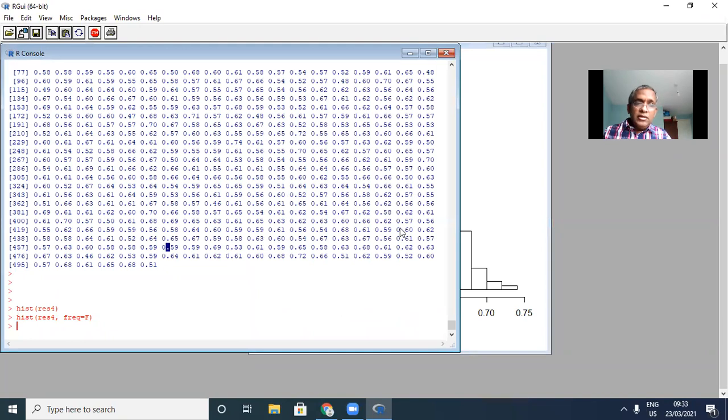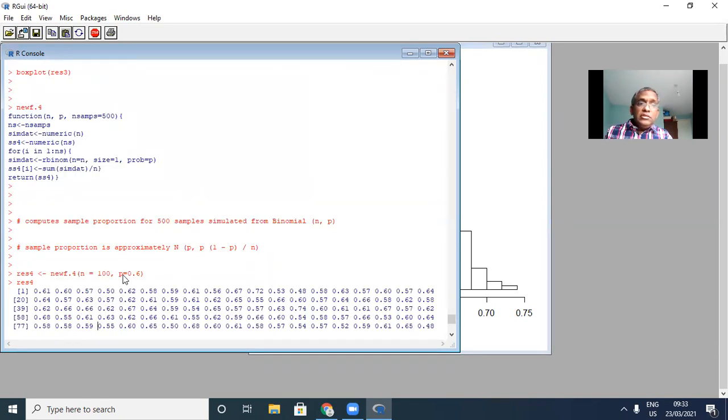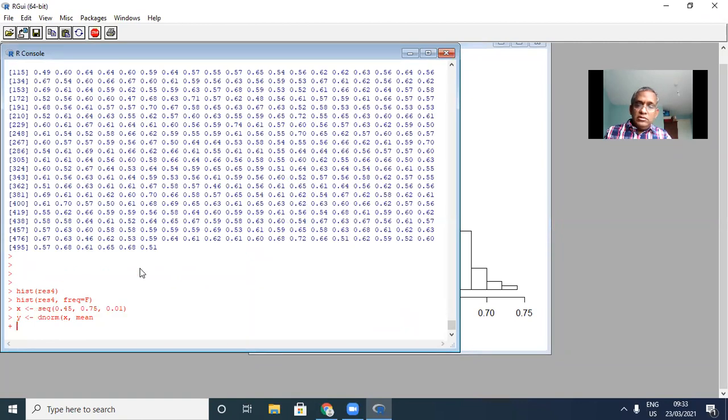Now let's define the x-axis to go from 0.45 to 0.75 in steps of, say, 0.01, and the y-axis to be the density of the normal with the mean equal to p. Remember our p is 0.6, so your mean is going to be 0.6, and the standard deviation is the square root of p times 1 minus p divided by n.